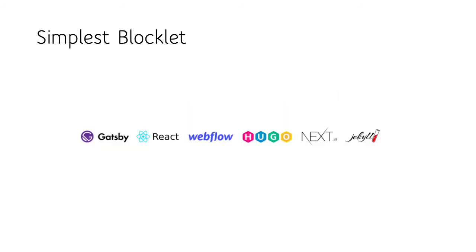The simplest Blocklet is just a web page. You can use your favorite web framework or static site generator to create the Blocklet. ABT Node also supports automatic deployment for the Blocklets, so you can easily make it into your automatic publish or continuous integration scripts. So whenever you change or publish the Blocklet, it can automatically deploy it to the ABT Node.